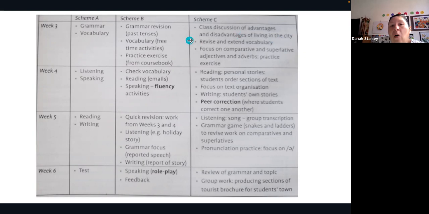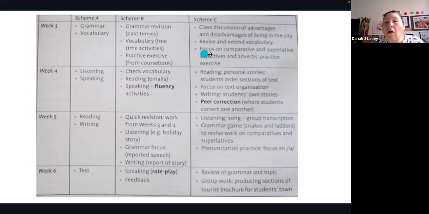In here, what I'm going to do is to revise and extend vocabulary. Extend vocabulary means that I'm going to give more vocabulary to talk about this topic. Can be adjectives, names of shops, or everything related to comparing and contrasting cities.